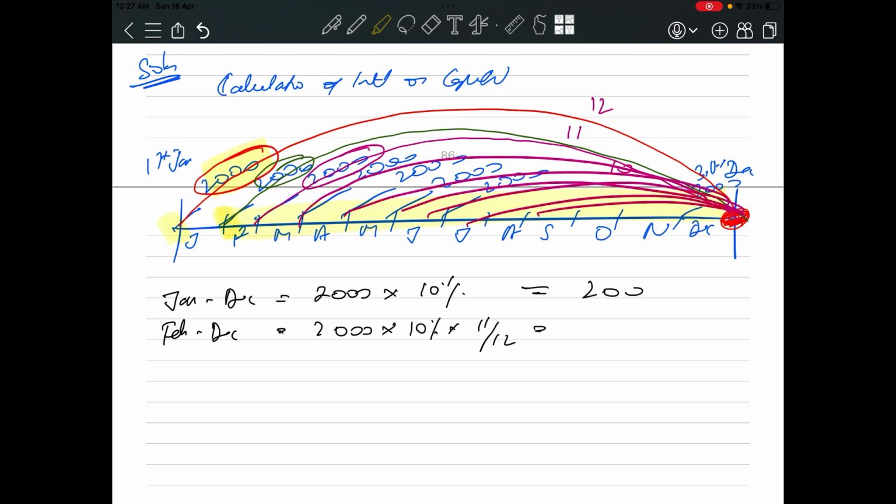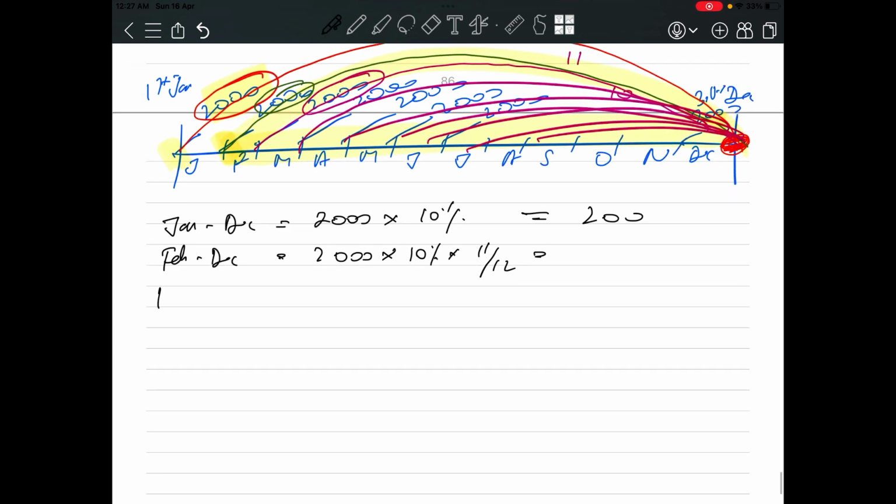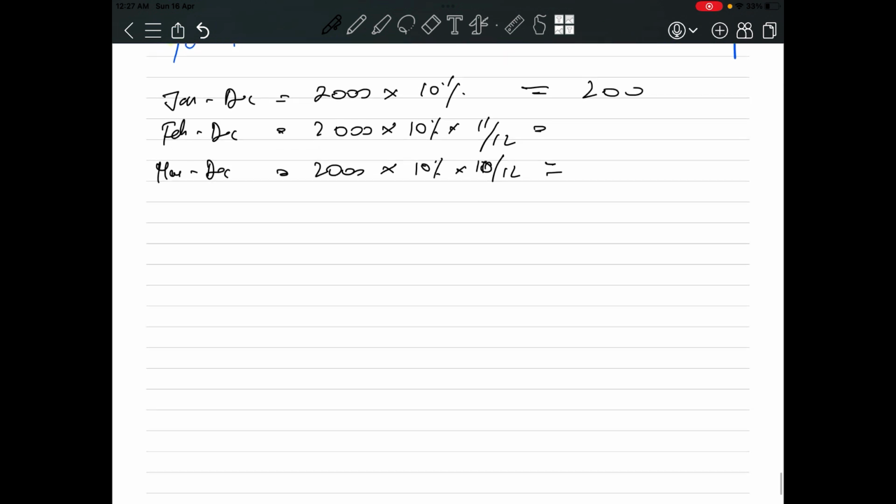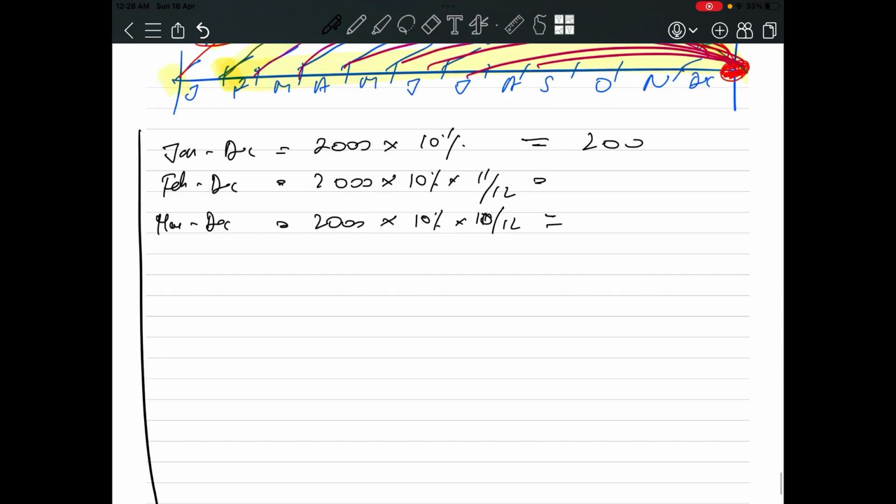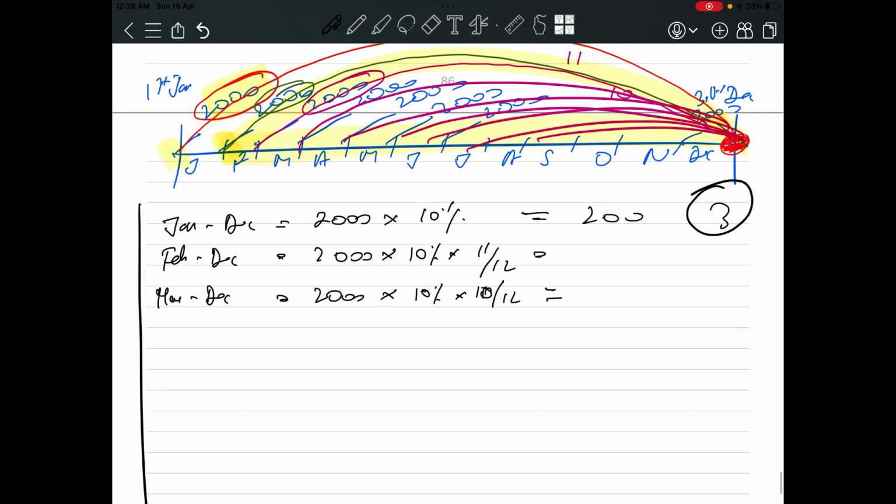If you withdrew on the 1st of Feb, you use the money till December, for 11 months. Then March to December, you have used 2000 rupees for 10 months. Is it possible to calculate this way? This is for 3 marks, and you would spend around 10 minutes. No, it is not possible to calculate it this way. So how will we calculate?